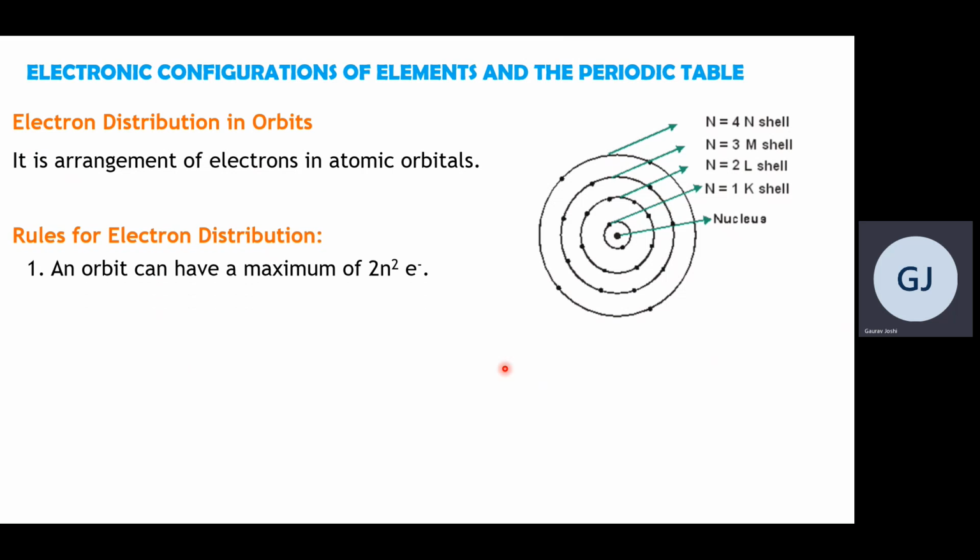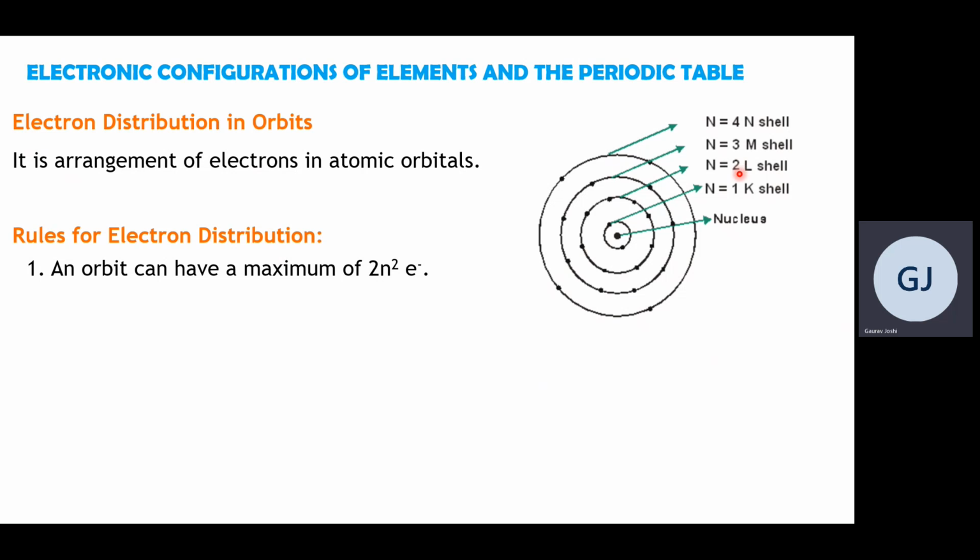Each orbit, for example the K orbit, L orbit, M orbit, or N orbit, can have a maximum of 2n square electrons. For example, the shell number K, where n is 1: 2 into n to the power of 2, so 1 to the power of 2 is 1, and 2 into 1 is 2 electrons.